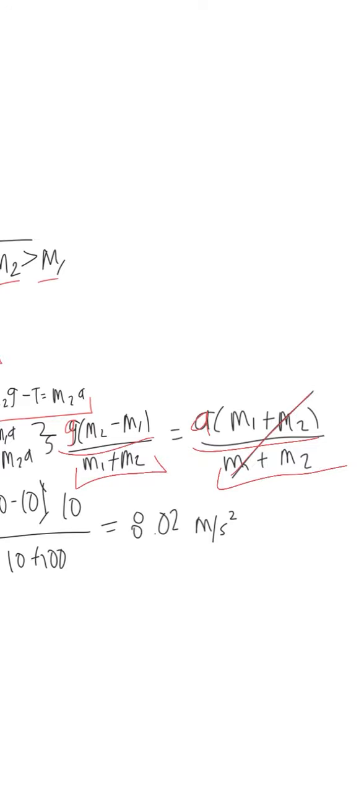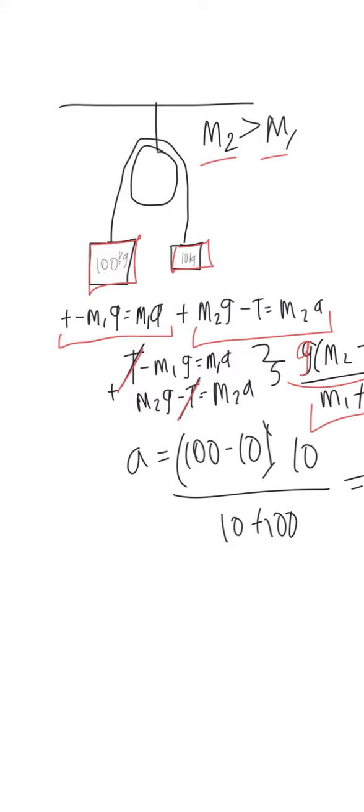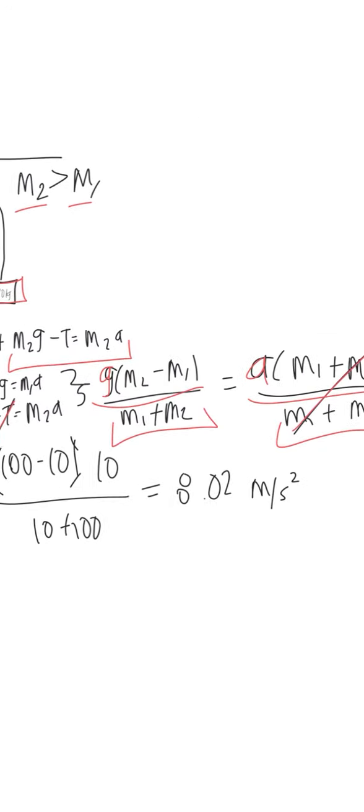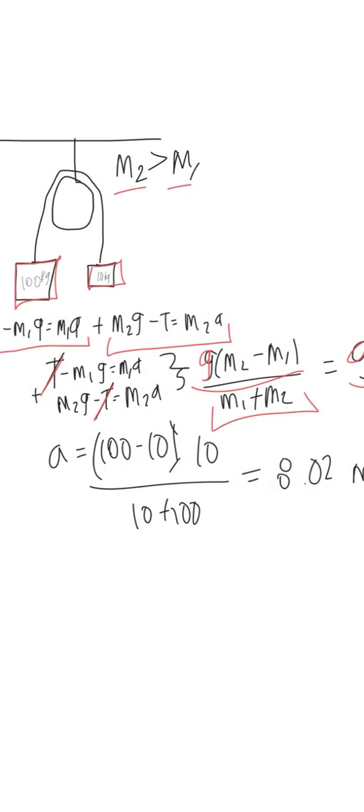Here we cross it out, so we're left with that acceleration is equal to the gravity, which is 10, times the mass of M2, which is 100, minus the mass of M1, which is 10, over the mass of the first one plus the mass of the second one.